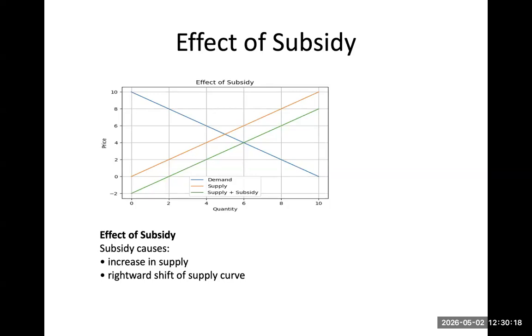Therefore, they are able to supply more in the market. So subsidy shifts the supply curve rightward. Therefore, you see an increase in supply from this point to this side because of the subsidy.